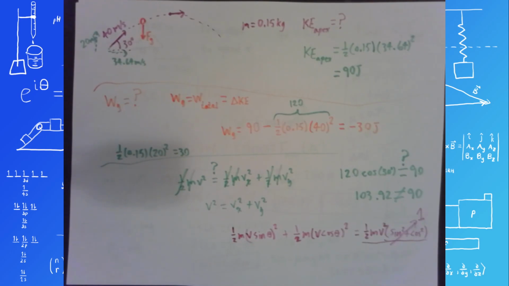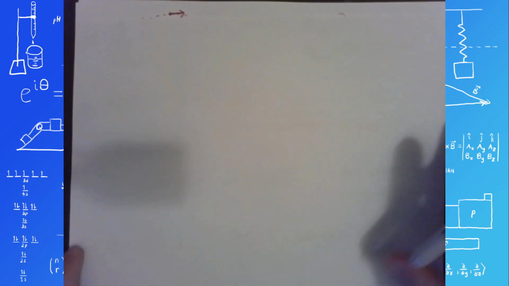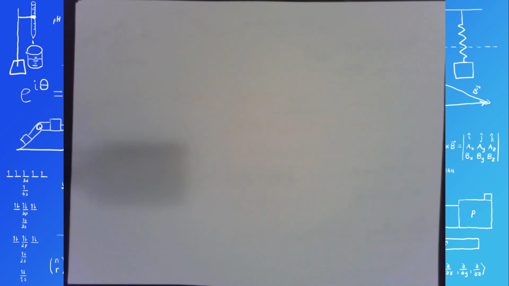Okay, moving on. Which problem would I like to do next? So next up, I would like to do this problem with the multiple blocks, which is a classic that I like to show students.